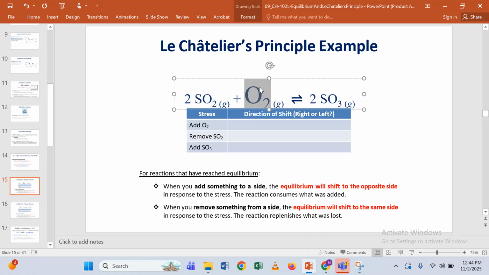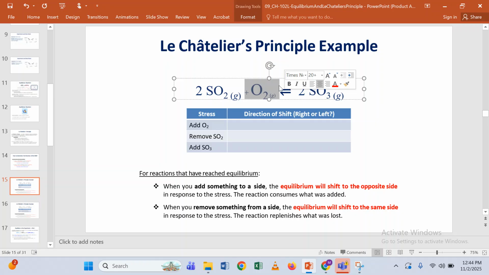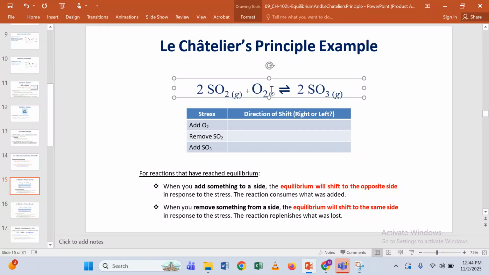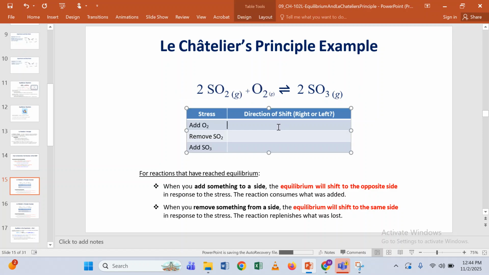So the system is going to start to decrease the oxygen and it will shift to the right. So it's going to shift away from oxygen. You increase the left side and the system is going to shift to the right. So we're going to say the direction of the shift for the first one is to the right.